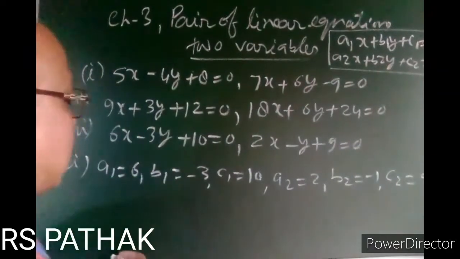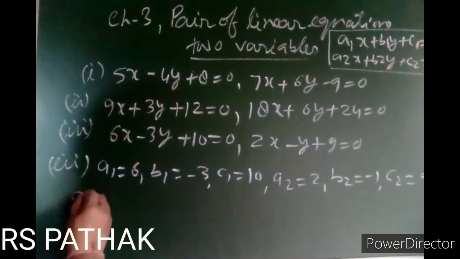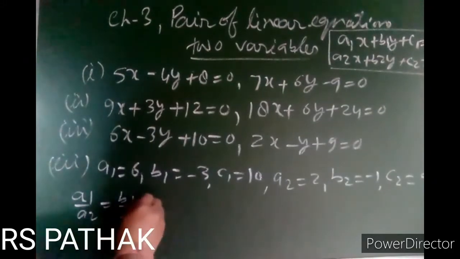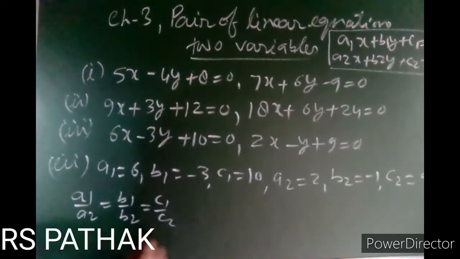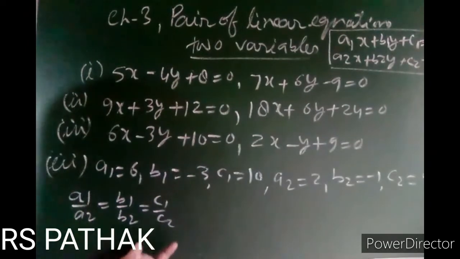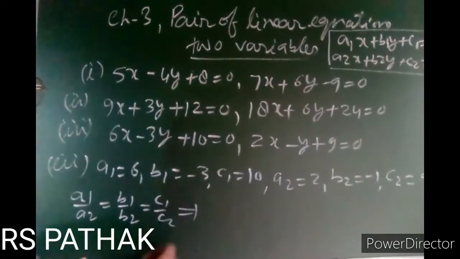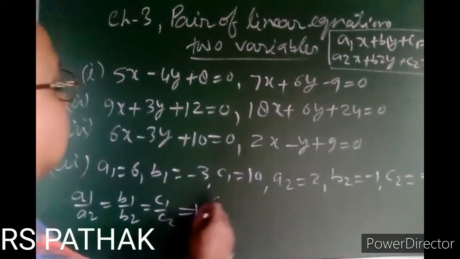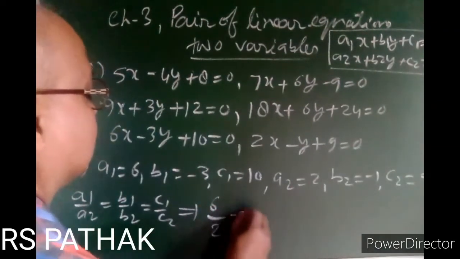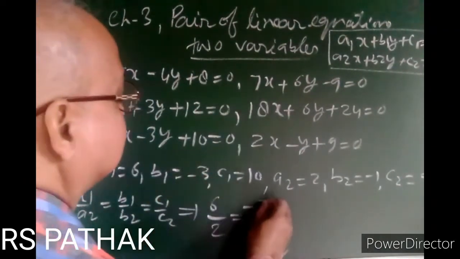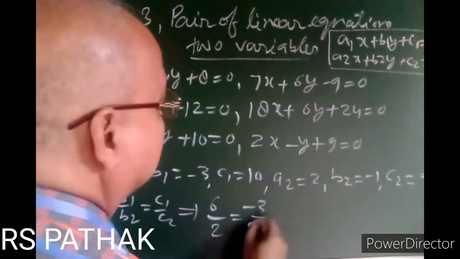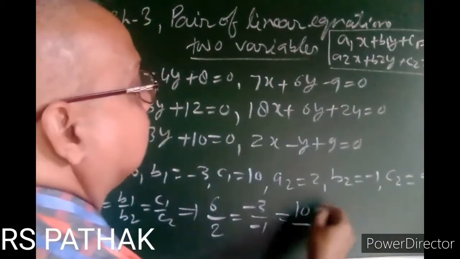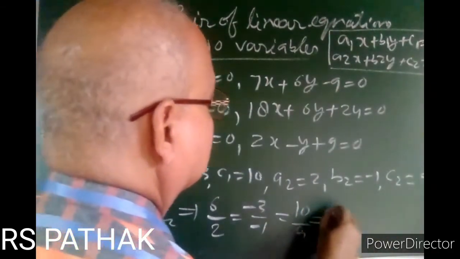Now I am finding the ratios A1 upon A2 equal to B1 upon B2 equal to C1 upon C2. Now I will see which ratios are equal and which are not equal. First is A1 6, A2 2, B1 minus 3, B2 minus 1, C1 10 and C2 9.